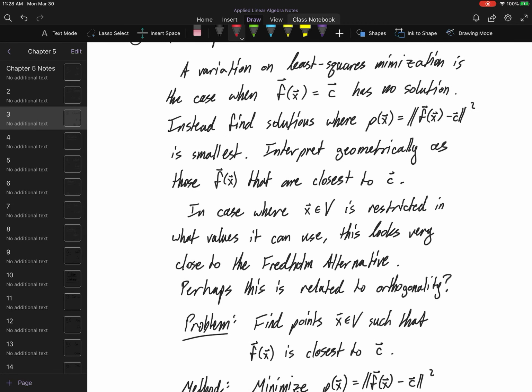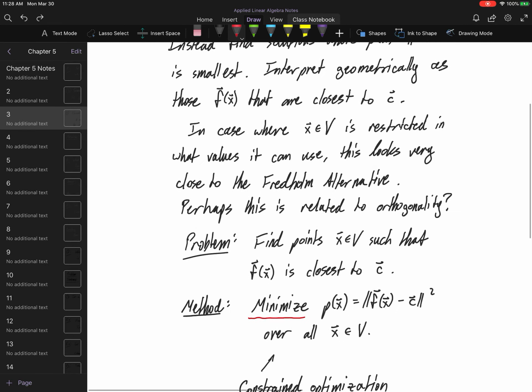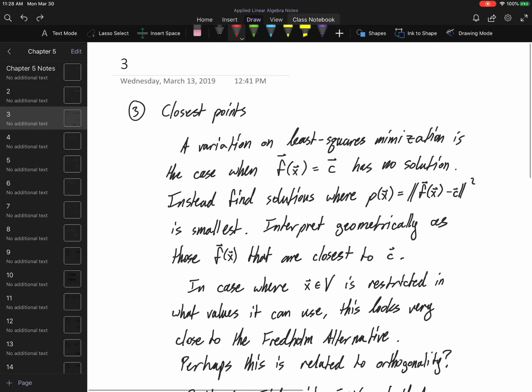Instead of trying to find where the solution meets the curve, which it doesn't, we're going to try to minimize a square norm again. We interpret this geometrically as saying that f of x is closest to c when that p function is minimized. And in the case where the vectors x are restricted, this is actually really important to us, where our input values are restricted.